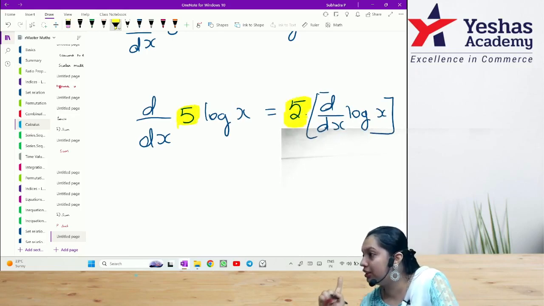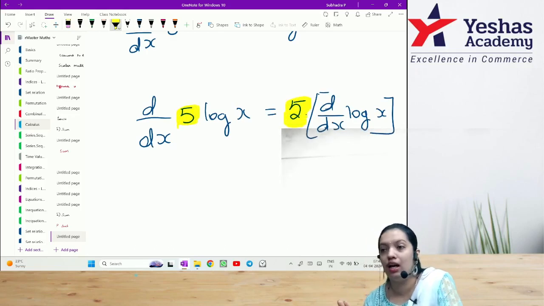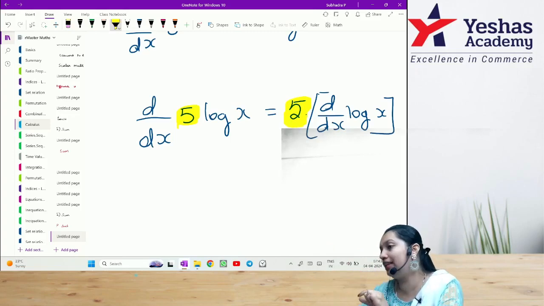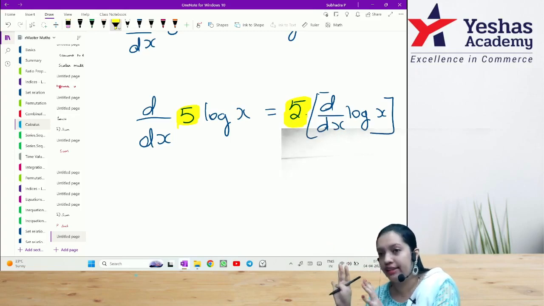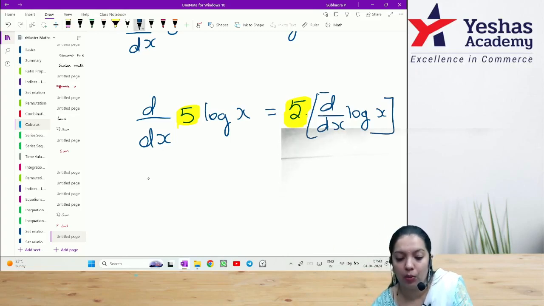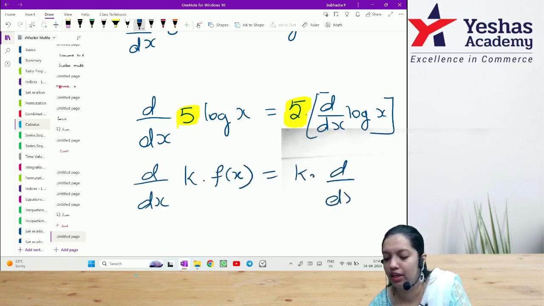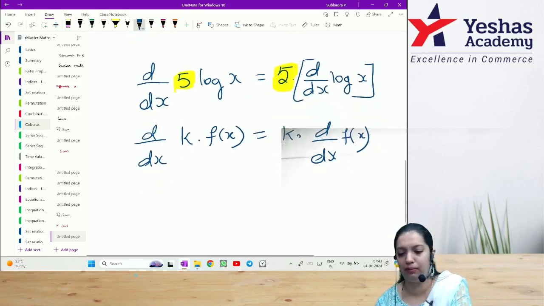Remember, this is not a function, so the product rule does not apply here. Next, what is the derivative of k into function of x? That is k into the derivative of function of x. This is the scalar multiple.